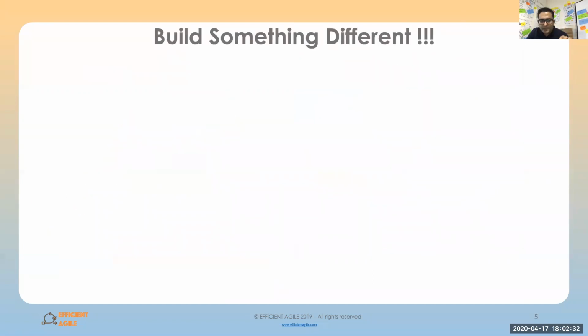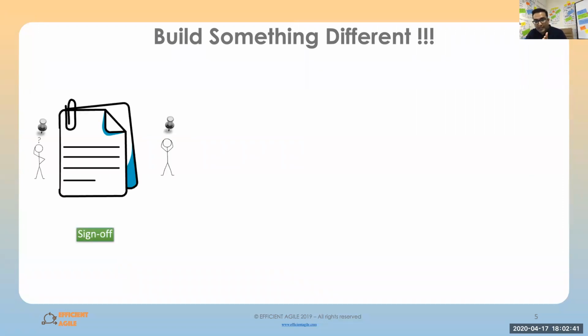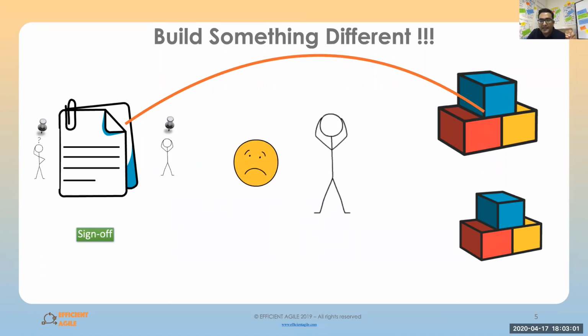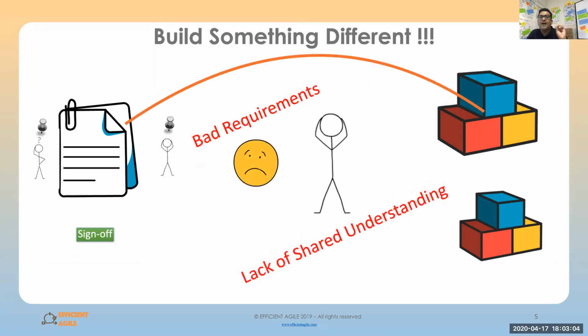We get these documents, everybody looks at it, and each one imagines different things. They even sign off the document and they start building something that's totally different. Now, when we start building these products, it totally differs from what the document mentions and what we've built. So there is a lack of shared understanding and also bad requirements.